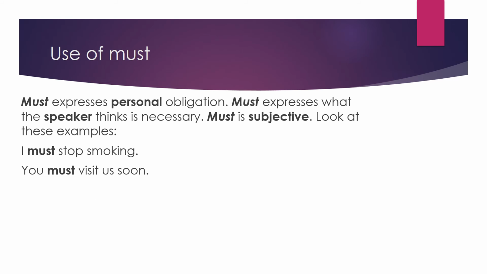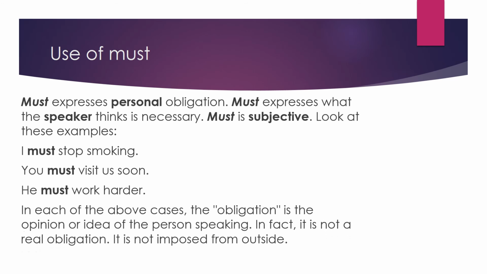You must visit us soon. He must work harder. In each of the above cases, the obligation is the opinion or idea of the person speaking. In fact, it is not a real obligation. It is not imposed from the outside.